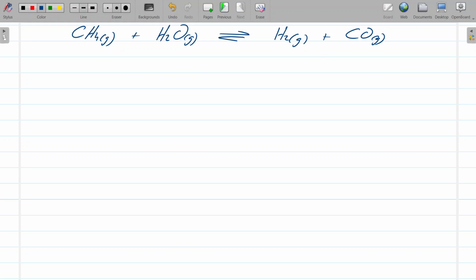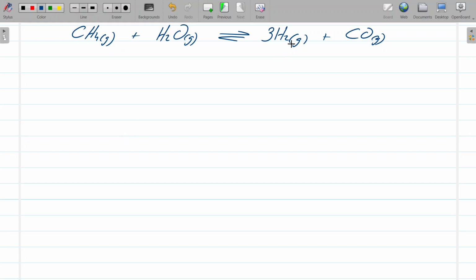H2 is balanced. Carbon is balanced. H2 is on the reactant side and H2 on the product side. Are you forgetting the H4 over here? Like 3 on the product side. She said on the product side.